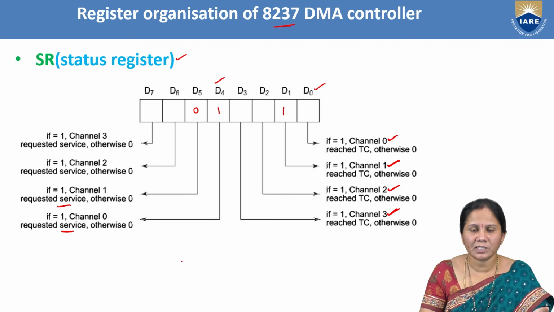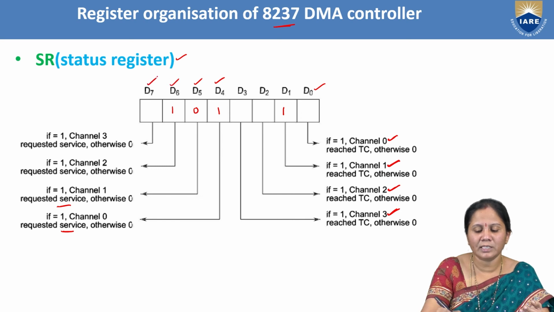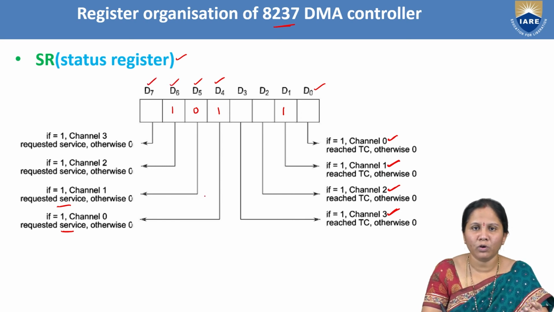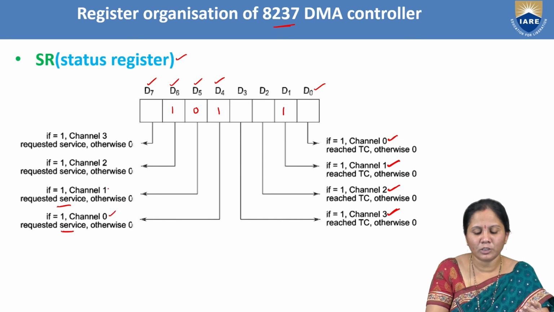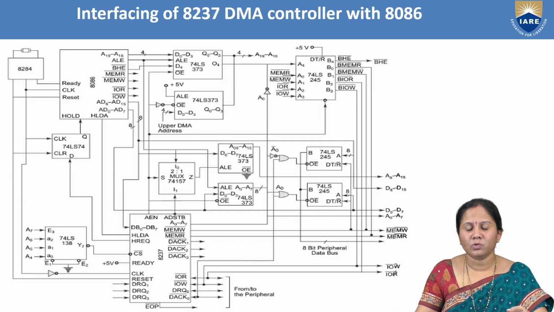If it is requesting service, that bit will be set to 1. So here D4, D5, D6 and D7 are the 4 bits representing channel 0, channel 1, channel 2 and channel 3 requested services. All those are the internal registers that are available in the 8237 DMA controller.